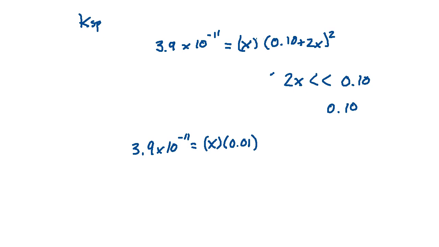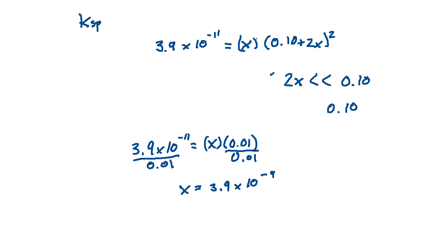Now, where did 0.01 come from? Well, I did the squaring. If 2x drops out and you take 0.1 and square it, you get that value. Then you simply divide through by 0.01, and x is going to be 3.9 times 10 to the negative 9th.